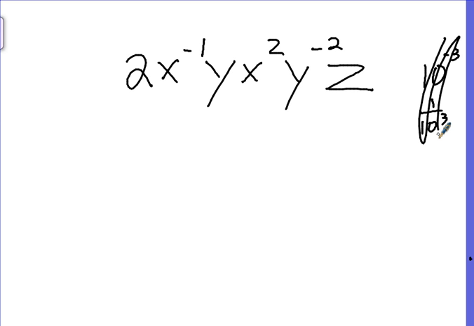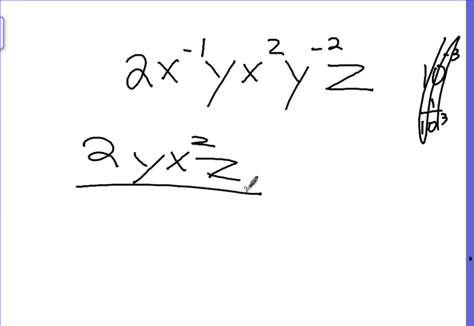This one is going to be 1 over y squared to make them positive, right? So let's do that. So that's 2 y x squared z over, remember what we said? That's going to be x, because 1 over x, y squared. Now, I made everything positive, right?